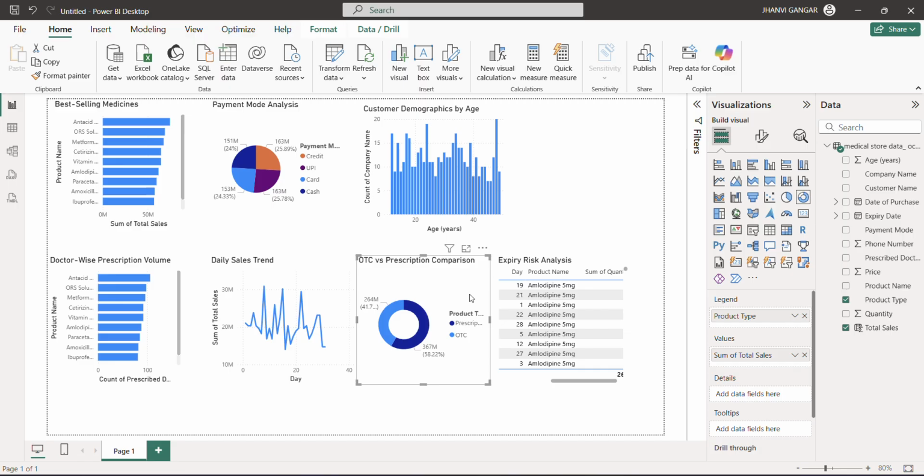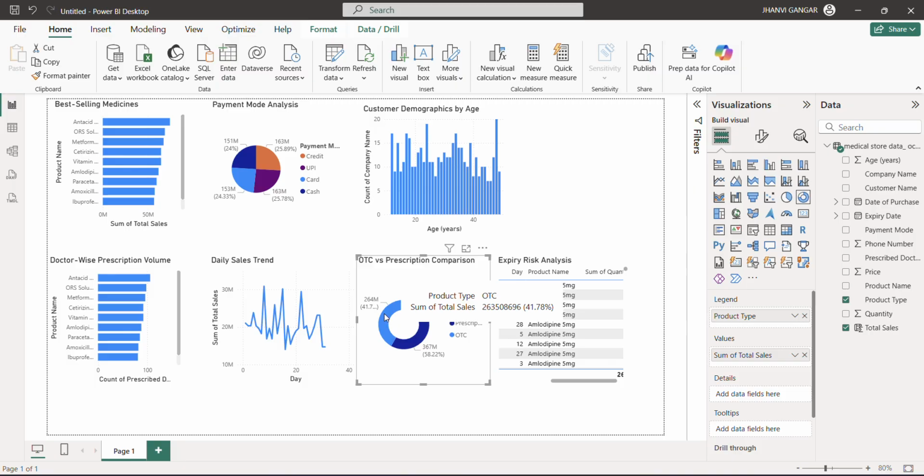The next is the OTC versus prescription comparison. How many product categories belong to the OTC, how many belong to the prescription, and how many sales are done for each one of them. So we have analyzed this by keeping the legend as the product type and the values as the total sales.